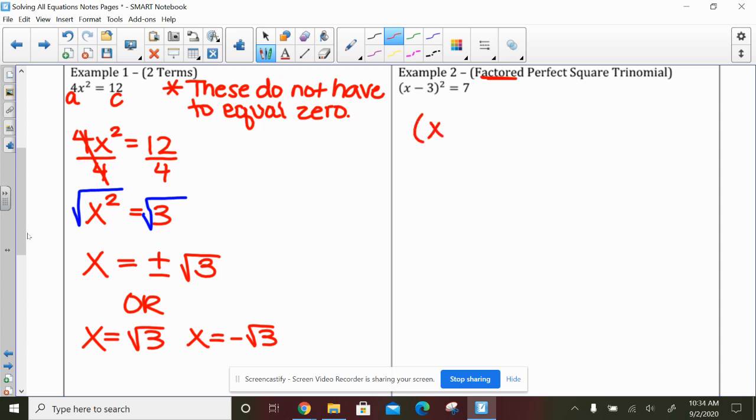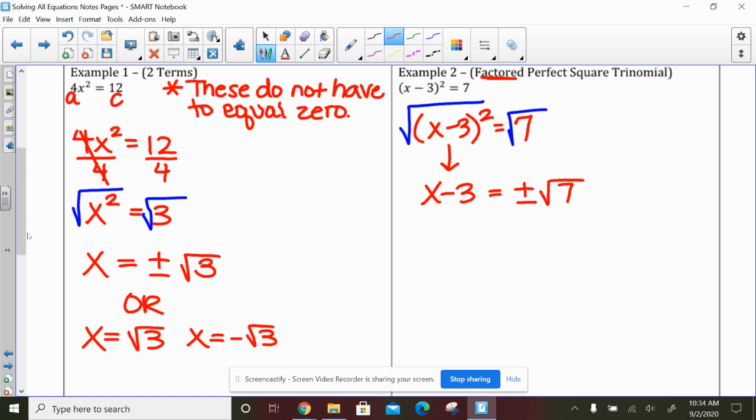So I'm just going to rewrite this so that I can take the square root of both sides. When I take the square root of something squared, whatever's under it just drops down. So x minus 3 just drops out. It equals positive or negative square root 7. Now, I don't know what the square root of 7 is, so I can leave it like that.